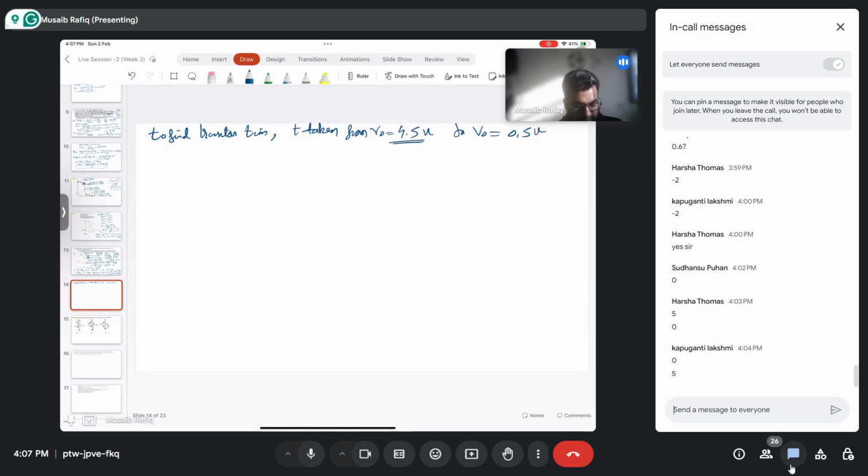Can anyone tell me what are these 2 points? Why have I taken 4.5 volts and 0.5 volts? VOH is 5 volts. If you check, VOH is 5 volts.